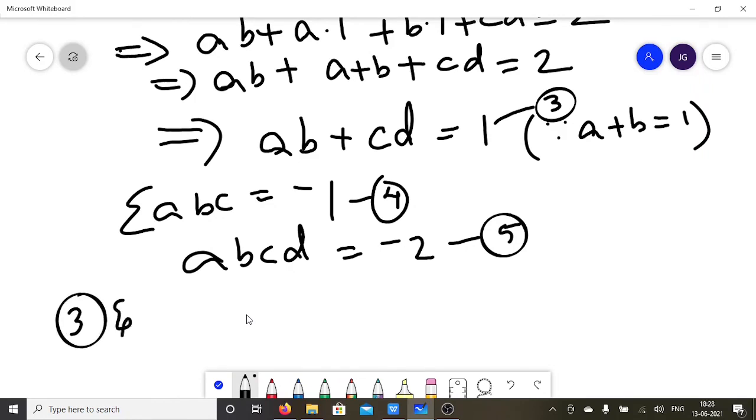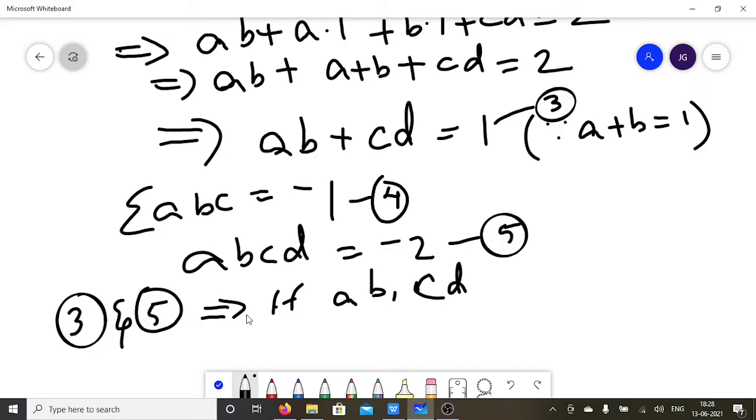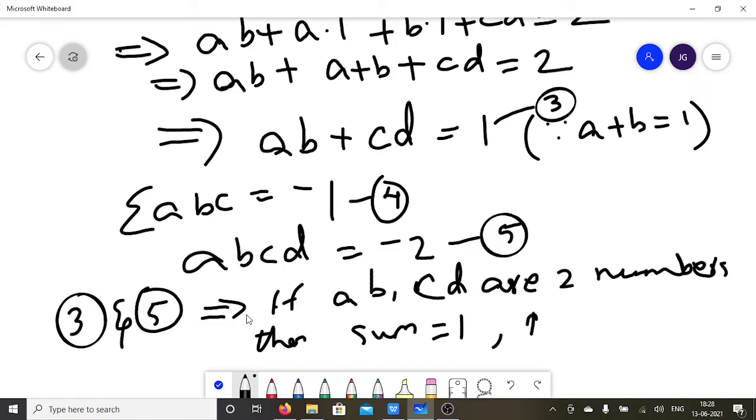If we consider equation 3 and 5, if AB and CD are two numbers, then their sum is equal to 1 and product is equal to minus 2.